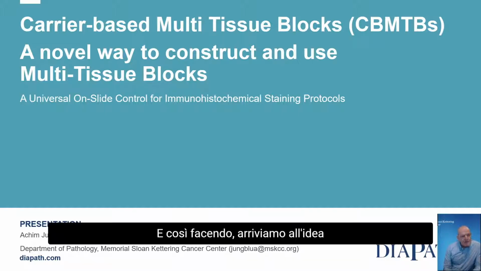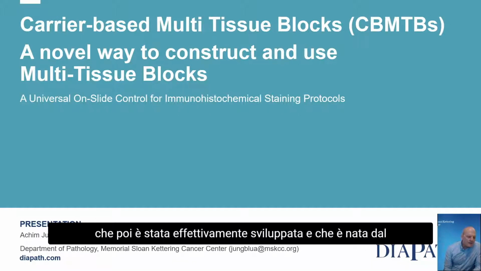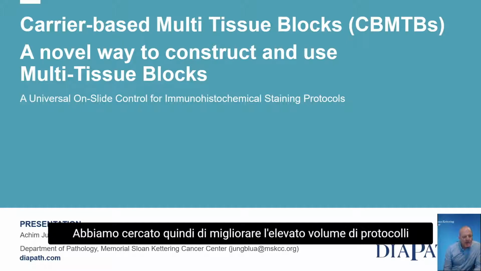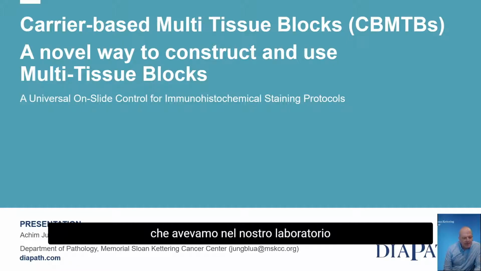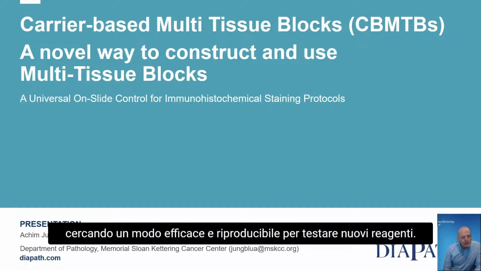And by doing so, we came up with an idea which evolved from the work that I was doing together with my senior tech Denise. We try to improve the high volume of throughput that we have in our lab and find a convenient and reproducible way to test new reagents.